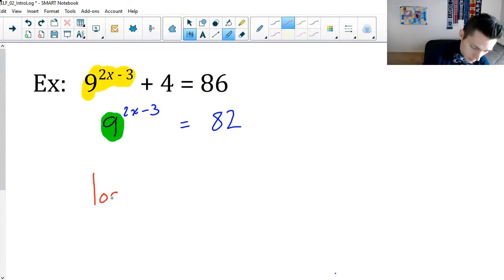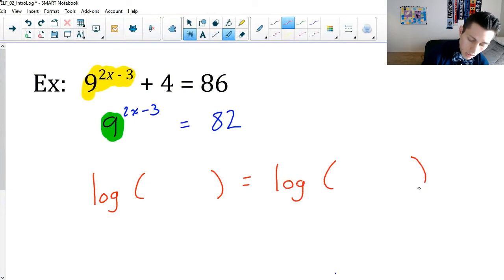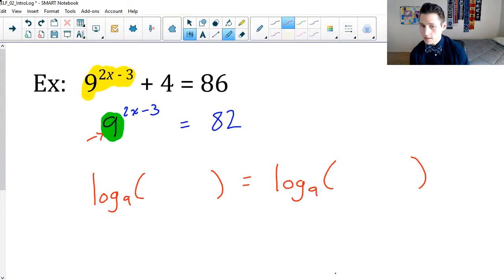So, like I've been doing, logarithm on both sides, and specifically, since the base is 9, then I know that I need to use 9 as well as my base.